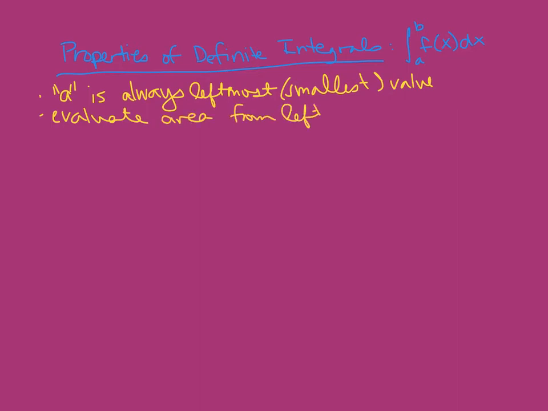So if you find that the b, the thing on the top, is smaller than a, you're going to have to switch them around. The way that you're going to switch them around is by making them negative. I'll write this out.